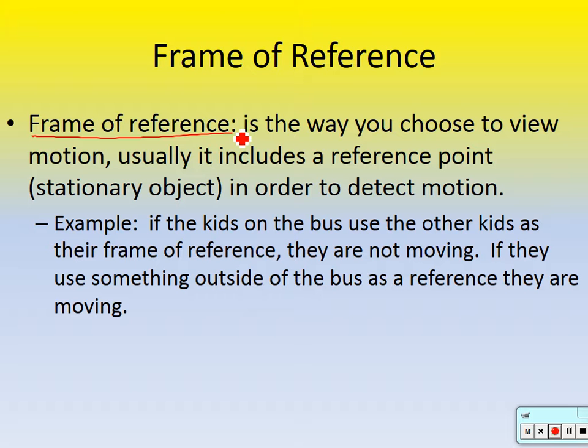For example, if the kids on the bus use the other kids as a frame of reference, they wouldn't be moving. But if they change their frame of reference to something outside of the bus, like a tree, then from that frame of reference they would be moving.